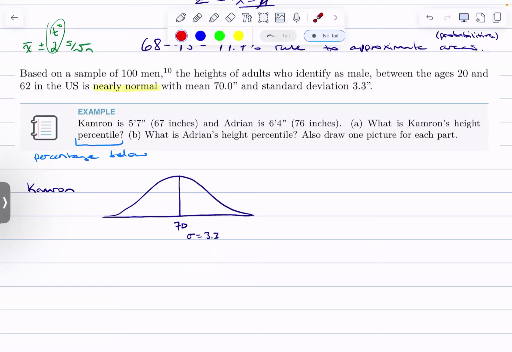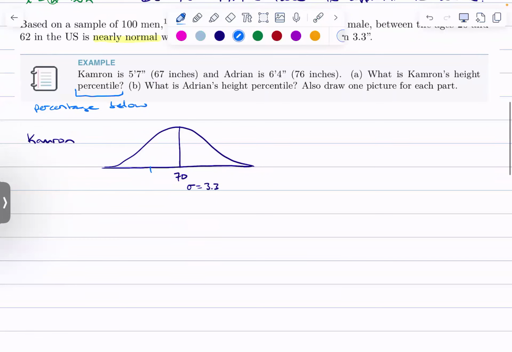Okay, so we want to find, okay, so Cameron is 67 inches. That's slightly below average, right? We want to know, okay, well, how much below average, right? And so what we're going to do is put 67. This is a number line of the heights, right? And if the average height is 70 inches, then we understand that most men are going to be around 70 inches, right? There are people who are shorter and people who are taller, right? But they happen less frequently.